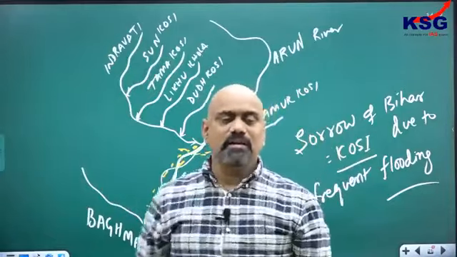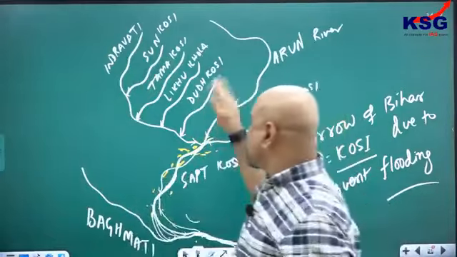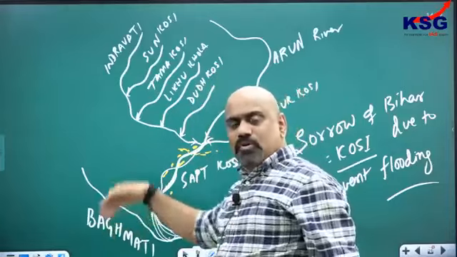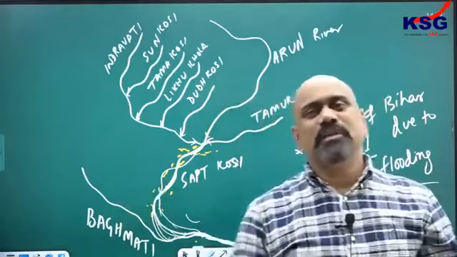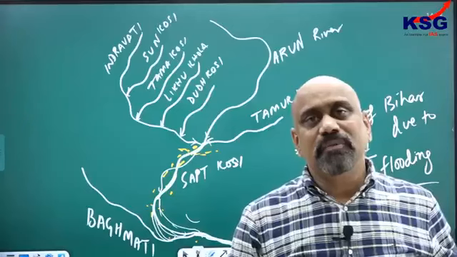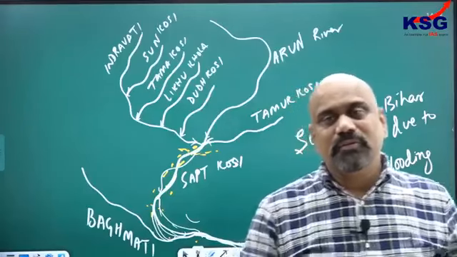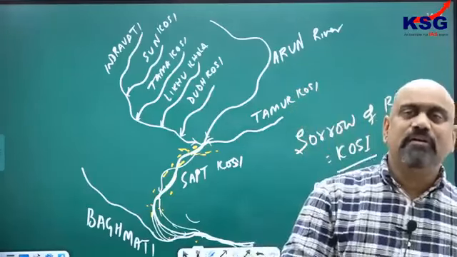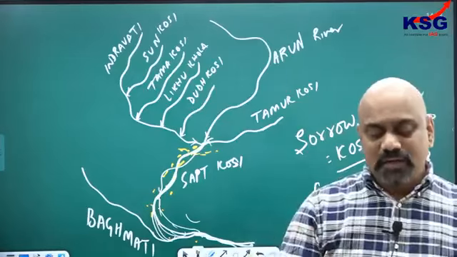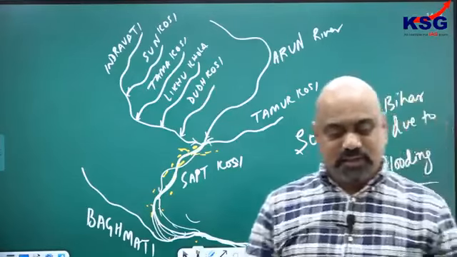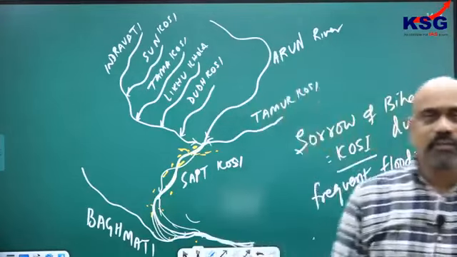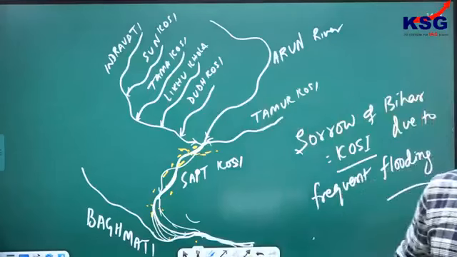So water here in fact is more, as well as the steep slope, because of which more sediment it brings. It brings a lot of sediment from Nepal, and because it brings a lot of sediment, infilling of the river valley leads to this type of floodings. Infilling of the river valley is the major cause for this.